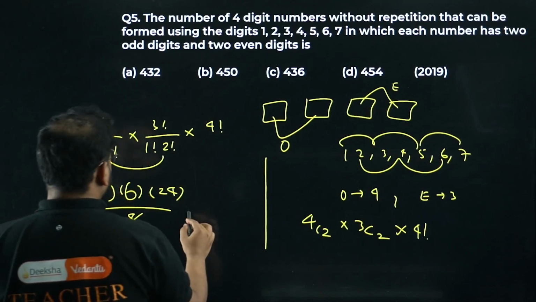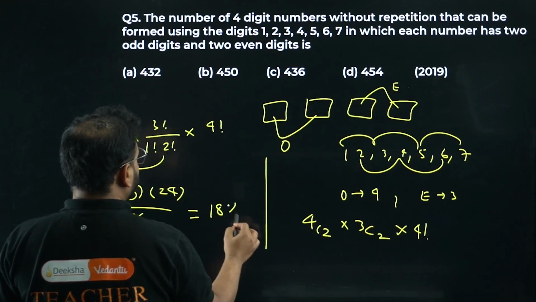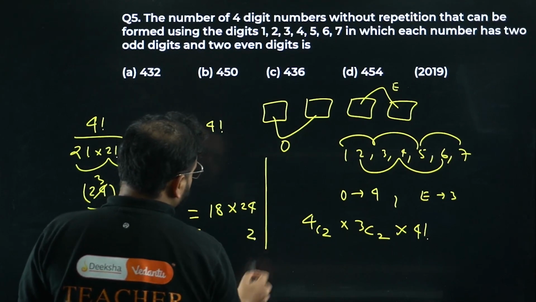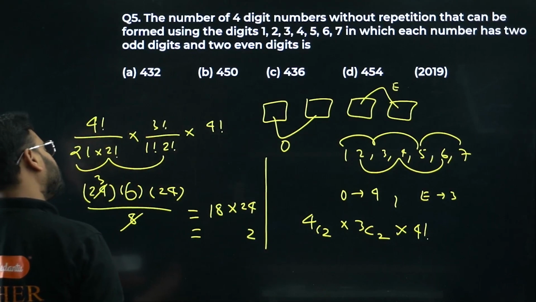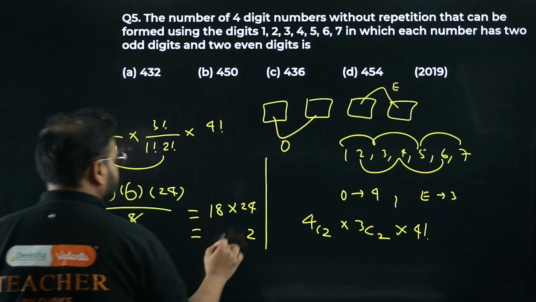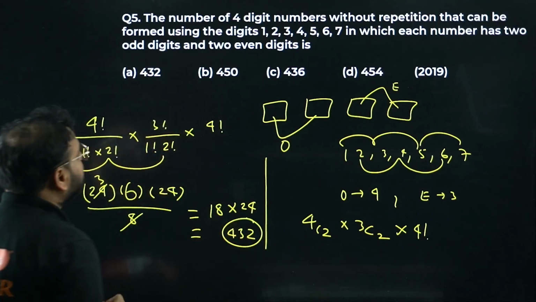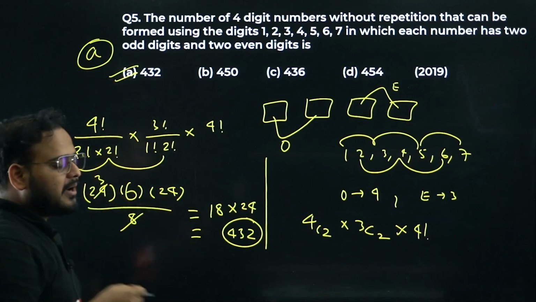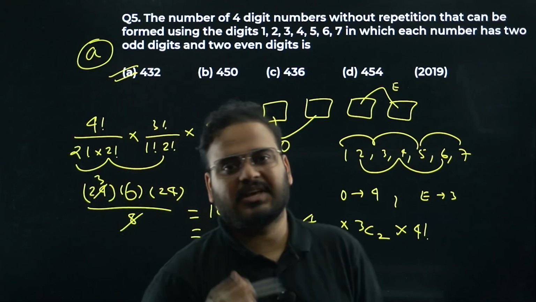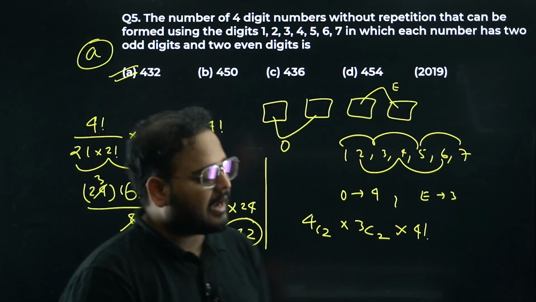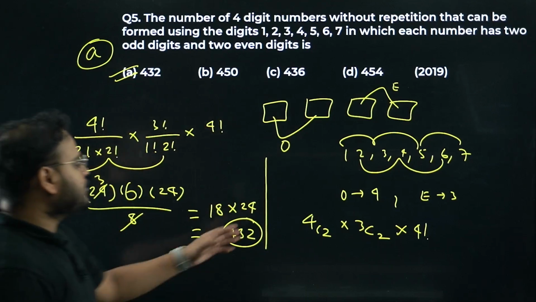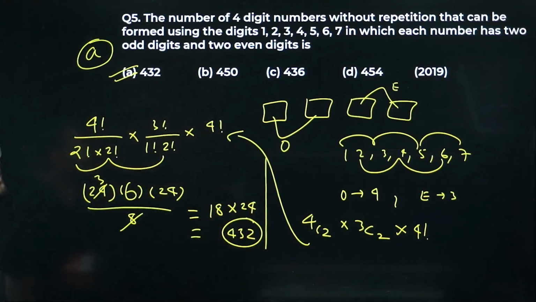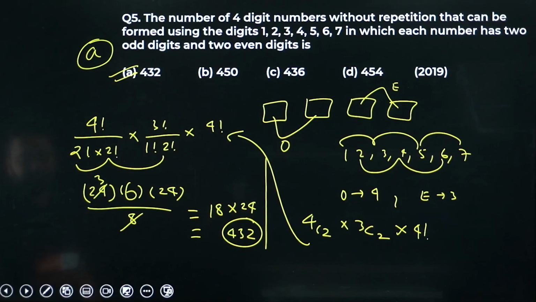So I'm getting 18 and 24. 18 4s are 72, so we have 2 here, 7 is carry, 36 plus 7 is 43. 432 is the value, option A is correct. You should know some multiplication in your mind to save some time in the questions. So 4C2 into 3C2 into 4 factorial is your result, and this is your calculation. Question number 5 is done.